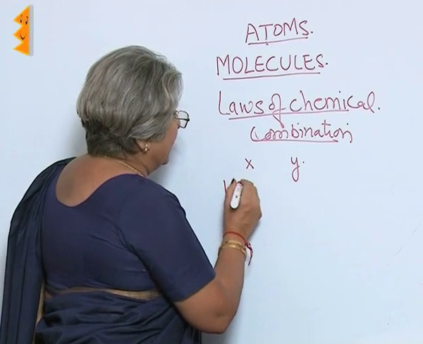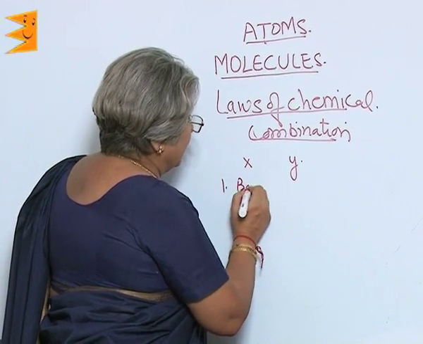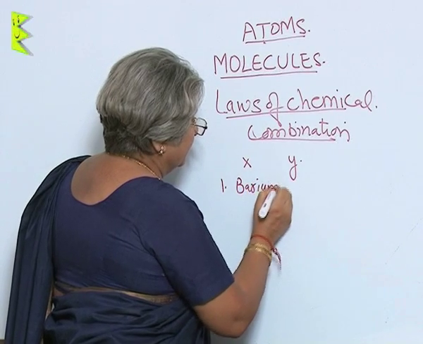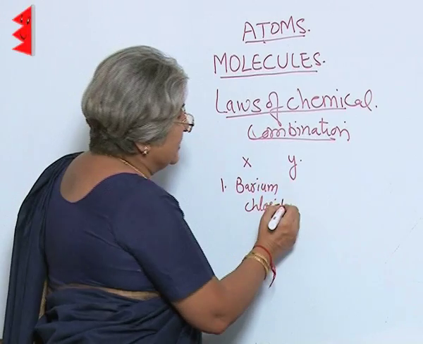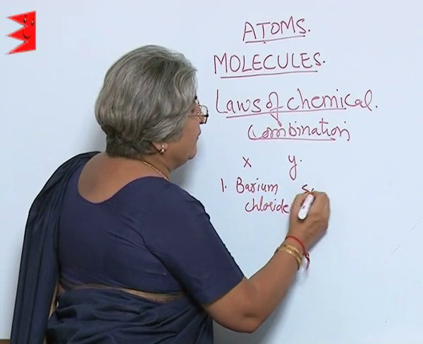For X you have, say, barium chloride, and Y is sodium sulfate.